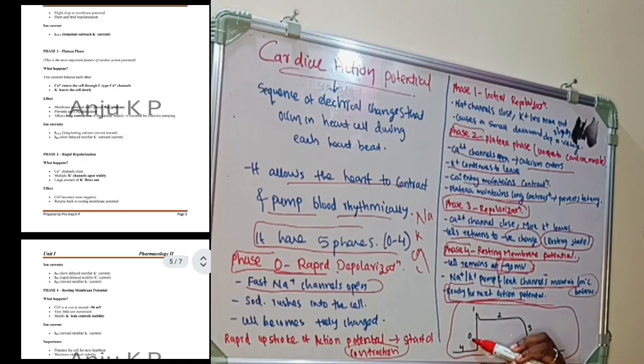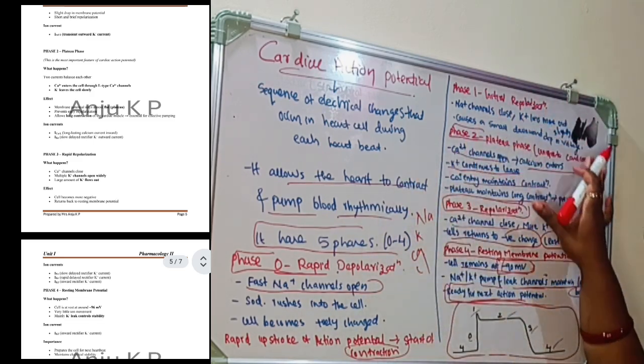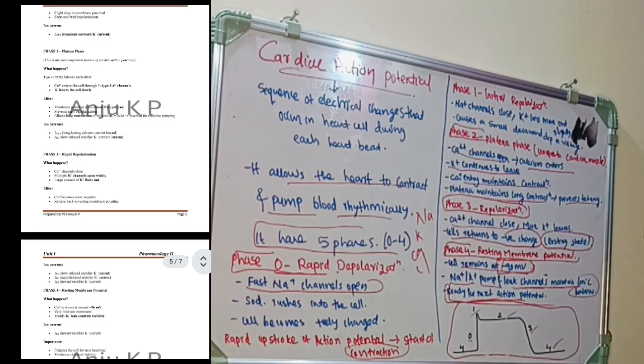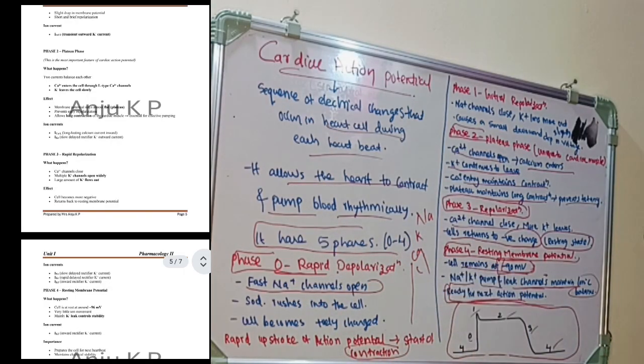That means it will again start 0, 1, 2, 3, then 4, again 0. This cycle will carry on. This is the sequence of electrical changes that occurs in the heart cell during each heartbeat. In each heartbeat we are crossing these 5 phases, 0 to 4. The fourth one is again getting ready for the next action potential.